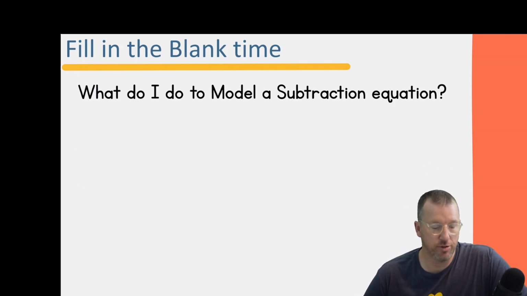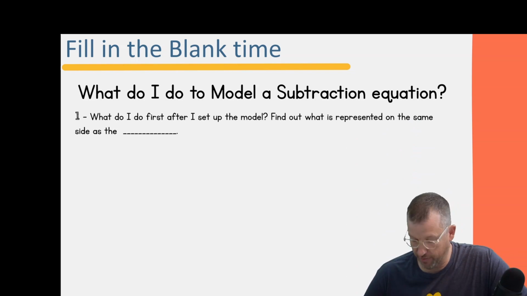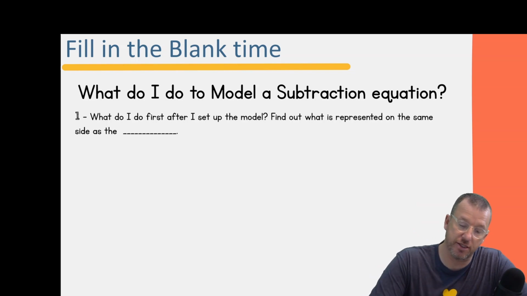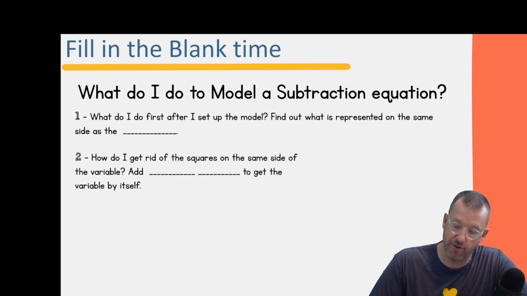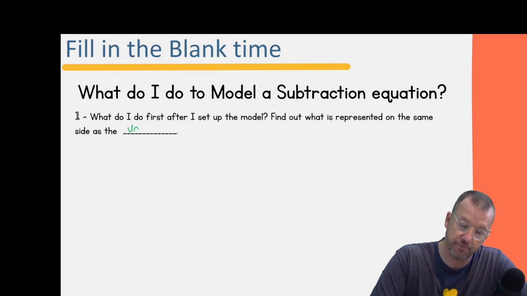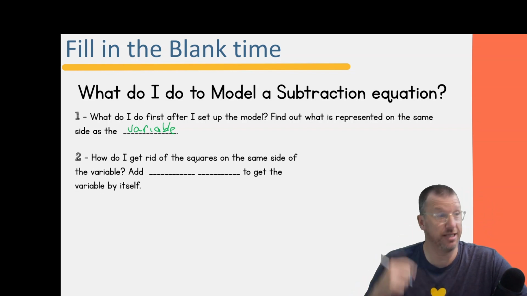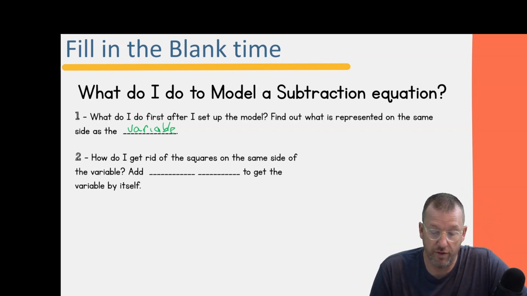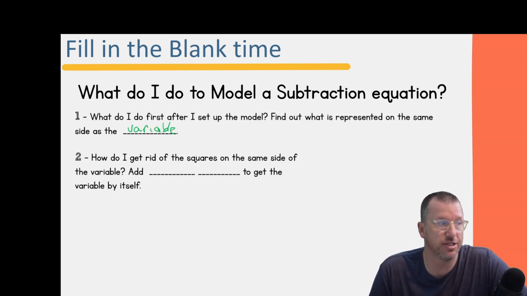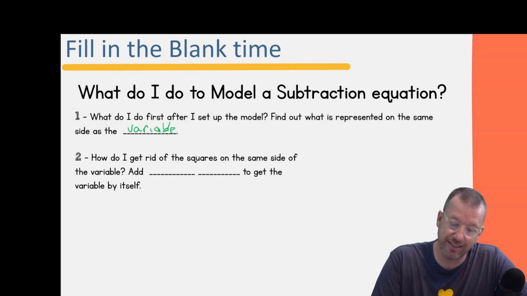Let's do some filling in the blank. What do I do to model a subtraction equation? It's going to look very similar to what we did with addition, all right? The first thing you do is find out what is represented on the same side as the variable. Remember, that is our key. The key to doing that is because we're trying to figure out what we have to get rid of, okay? So let's do that. Okay, and after that, just like addition, whatever you find is with the variable, and the last one was x minus 3, we're going to get rid of it by adding 0 pairs.